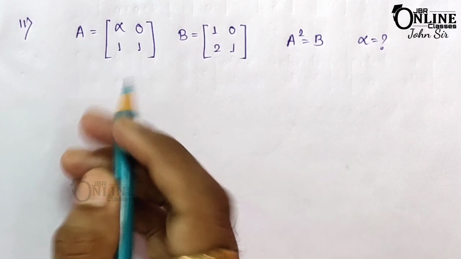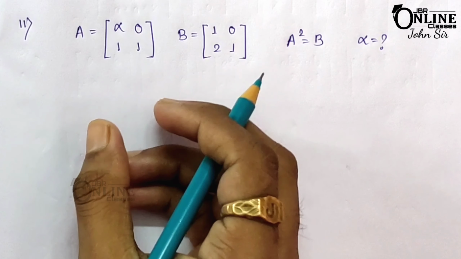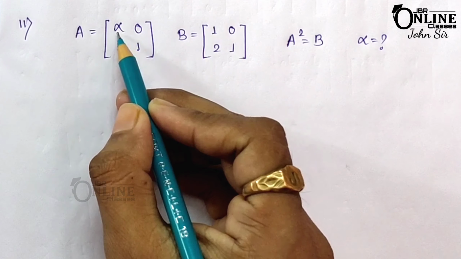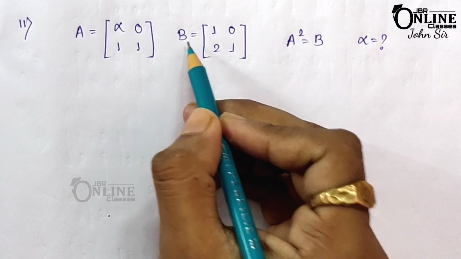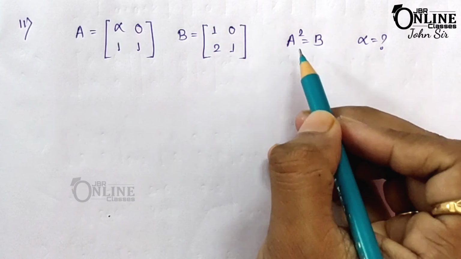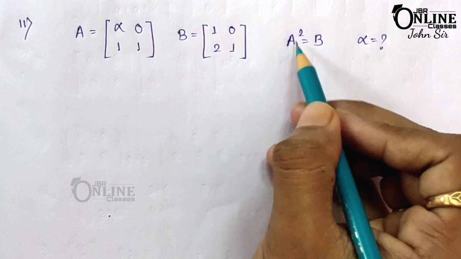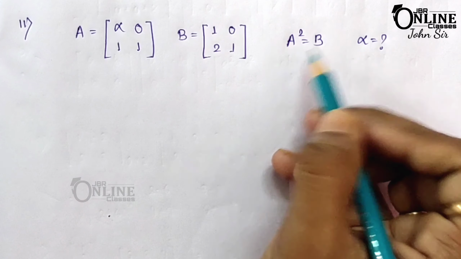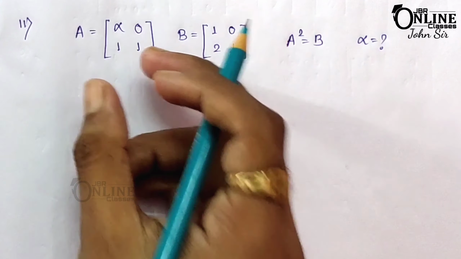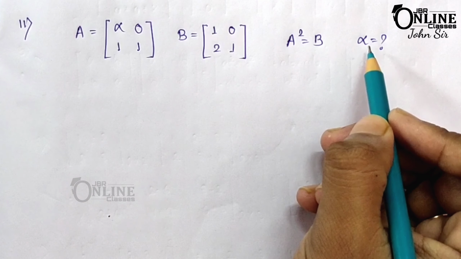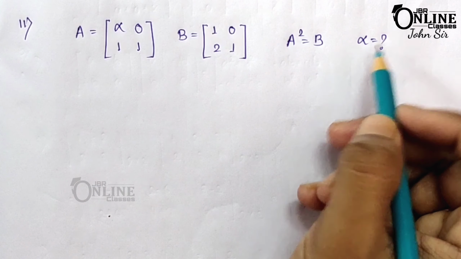Now sum number 11. So here in sum number 11, given A equal to alpha 0 1 1 and B equal to 1 0 2 1. Here also it is said that A square equal to B matrix. So first you have to find out the A square matrix, and then you have to find out the value of alpha.